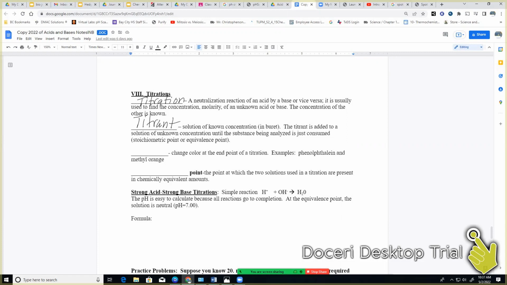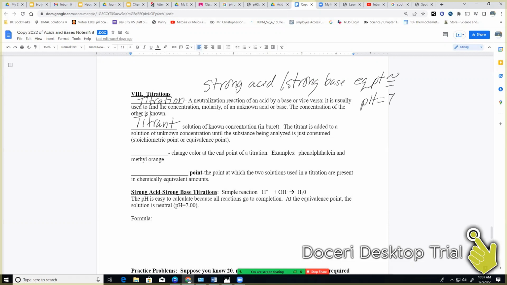If you were doing a strong acid, strong base combination, the equivalence point is about when the pH is equal to 7. So that's a true neutralization reaction.